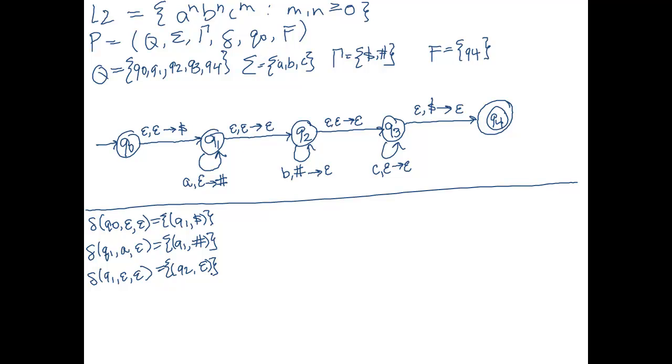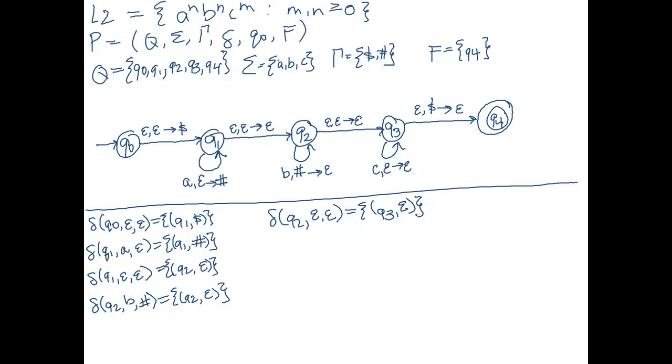Delta of Q2, if I read B from my input and pound from my stack, I stay in Q2 and I push nothing. Delta of Q2, reading no input and nothing from my stack, I go to state Q3 and I push nothing to the stack.